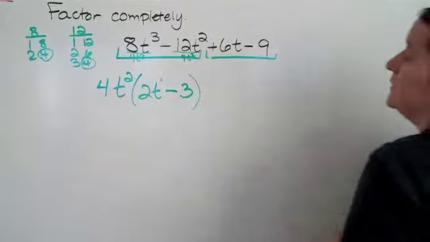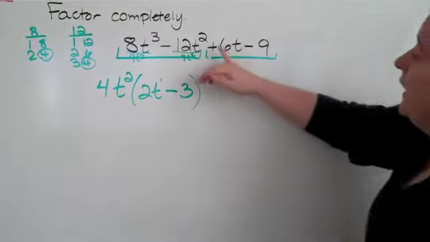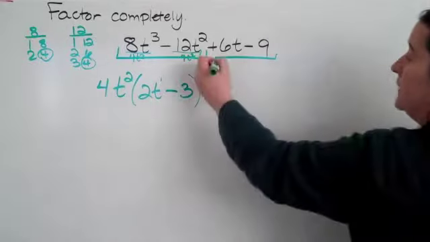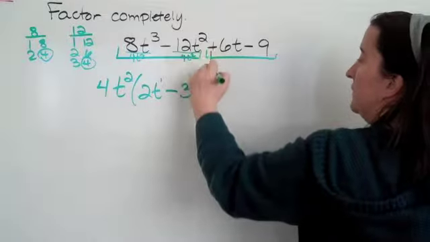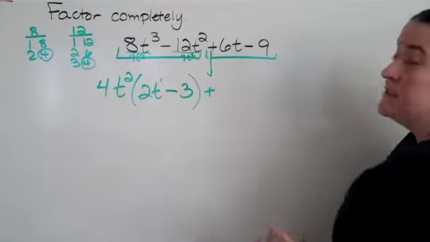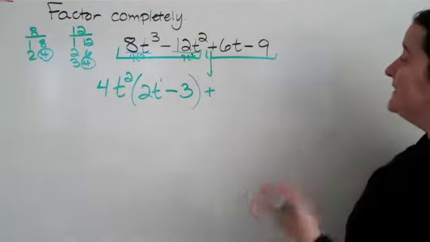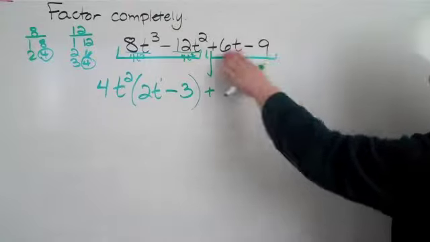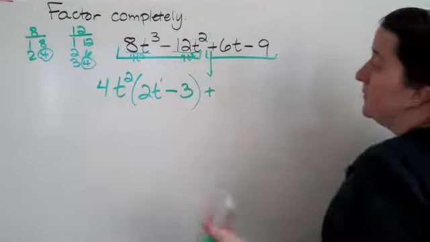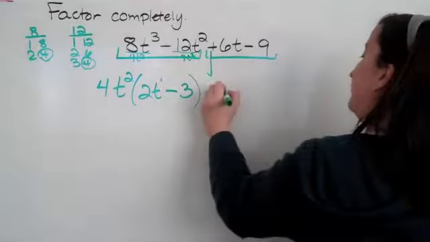And then I move on to the next set of 2 terms. Whatever sign is on this term right here, I need to bring that down, because that's going to be the sign of my GCF. So I bring down my plus. And I'm needing to find the biggest number that goes into both 6 and 9. I don't worry about the t's because this one didn't have a t, so I couldn't take the t out. So the biggest number that goes into both 6 and 9 evenly is a 3.